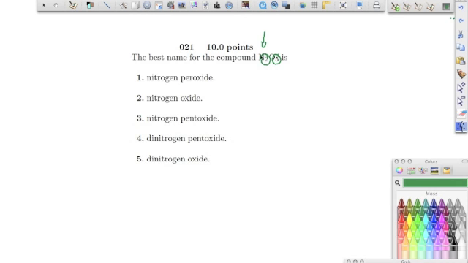So it's dinitrogen. And then we have 5, which is penta, and oxygen. In the second one, we always change the ending to -ide. So this is dinitrogen pentaoxide, which would be the correct answer, number 4 on this one.